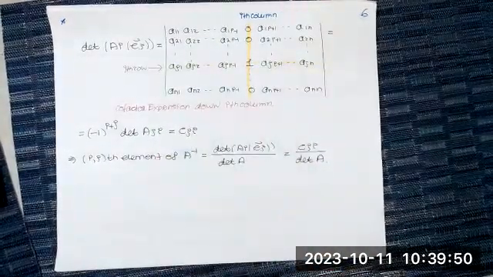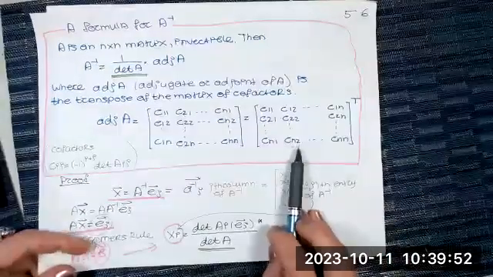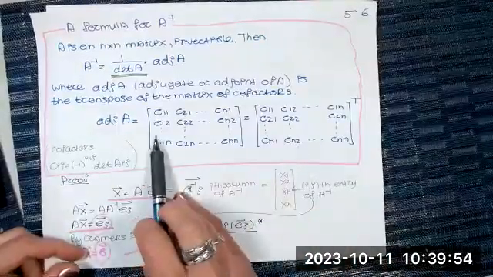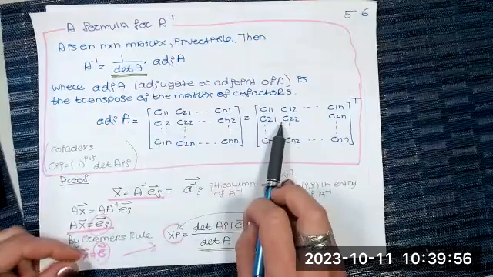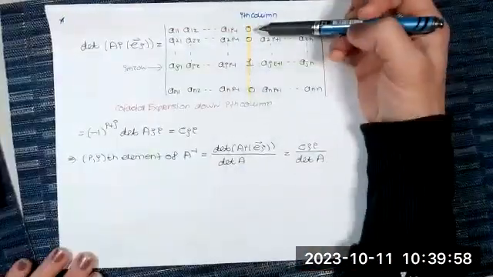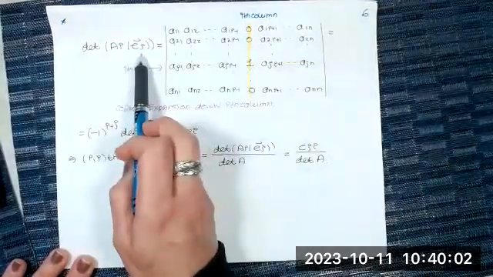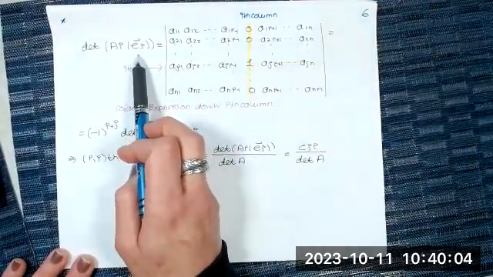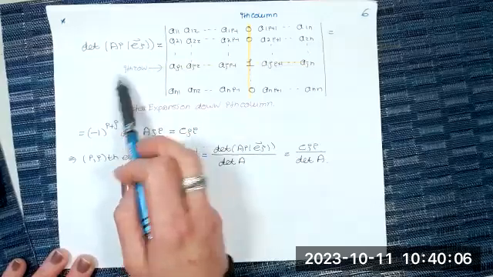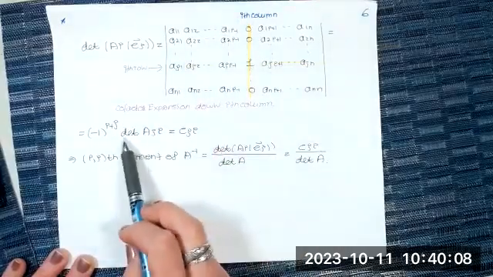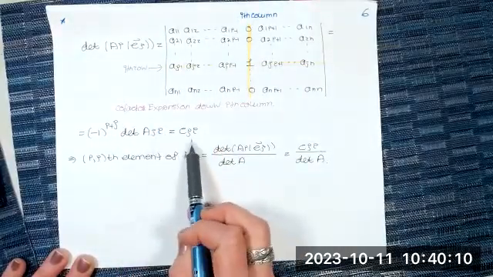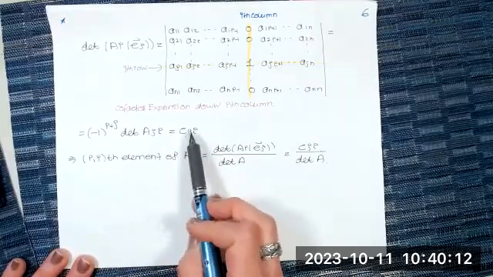And this is where the transpose property comes from. It's not C_ij, it's C_ji, because I had my ith column and jth row because I had e_j. So this gives me my cofactor C_ji.